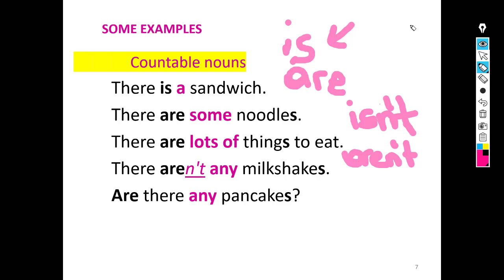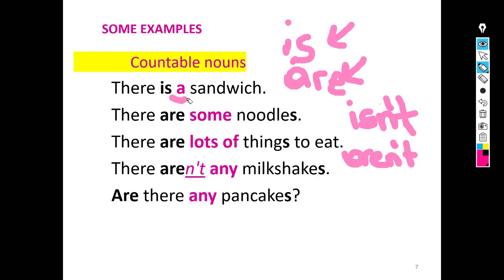The chair is pink. Or if you have got more than one chair, for example, we use are. My chairs are pink, I can say. Or it isn't pink. My chair isn't pink. Or my chairs aren't pink.